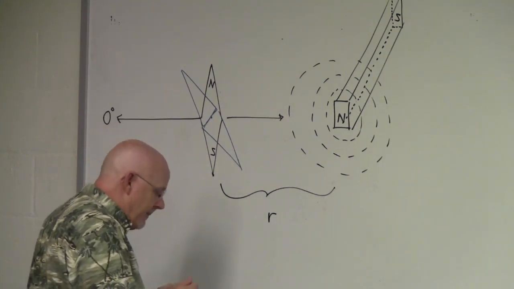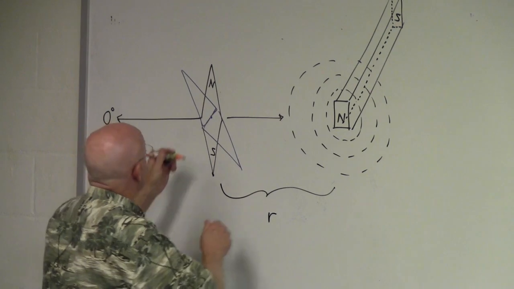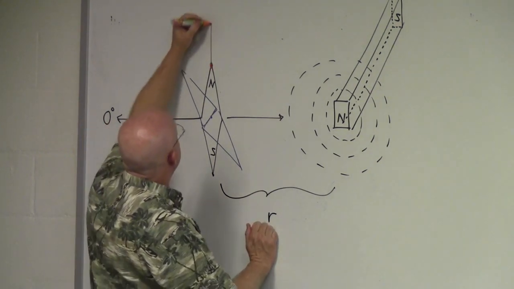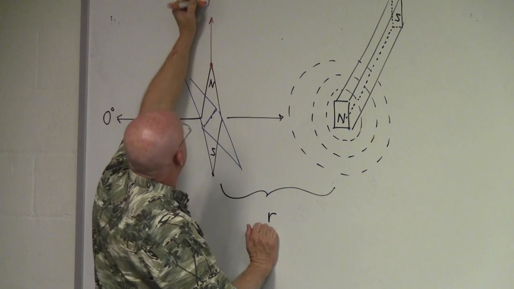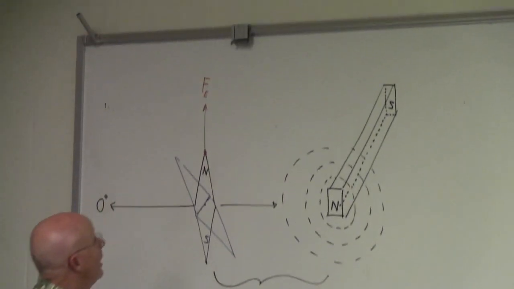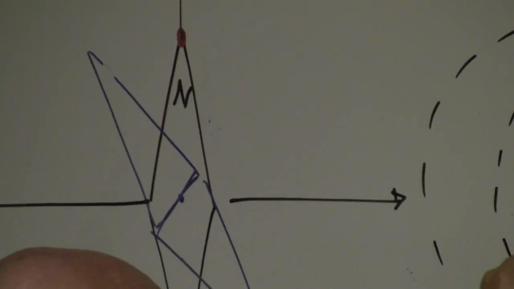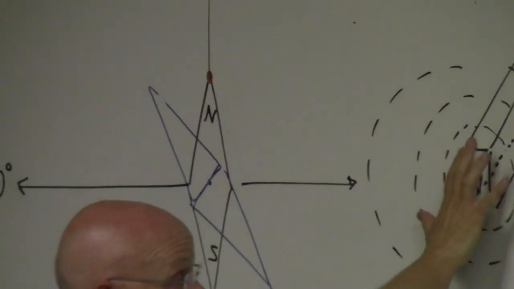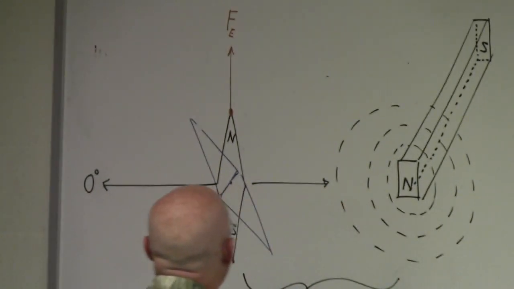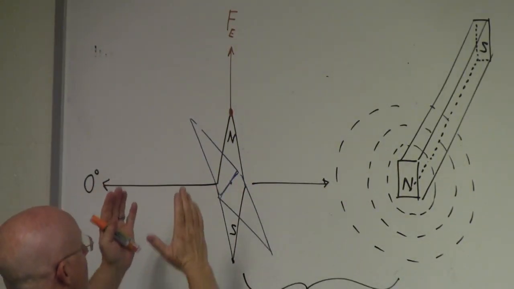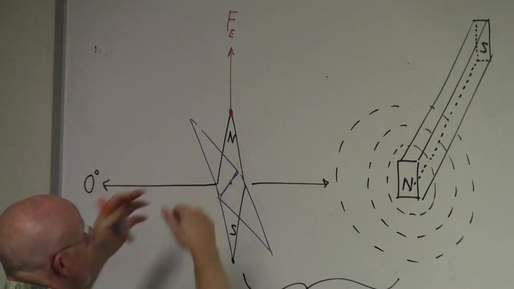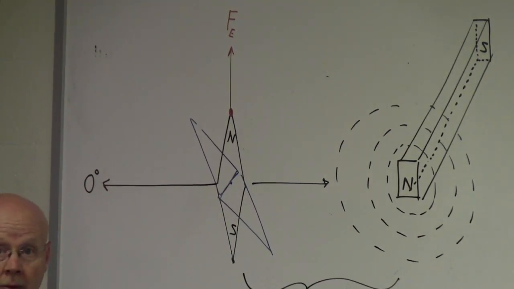And so maybe in an orange color, I'm going to do this. The Earth's magnetic field, and I'll say force from the Earth, or if you want, force from the background field, would be pulling it in that direction. That's why when I don't have my magnet for my experiment, when this is far away, this compass will settle in a direction that we would call north. Okay, and so I've got the north magnetic field.